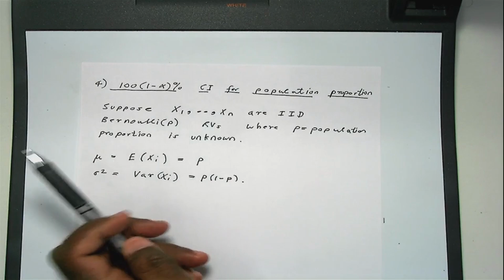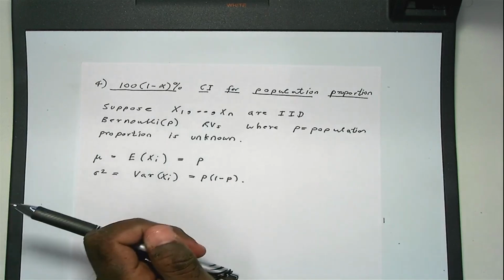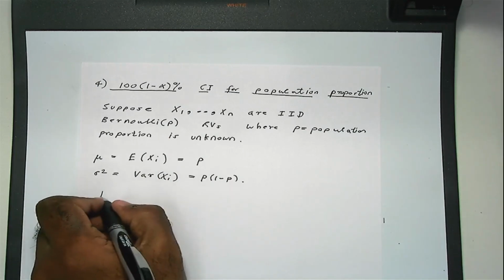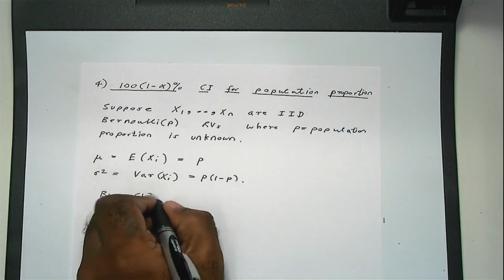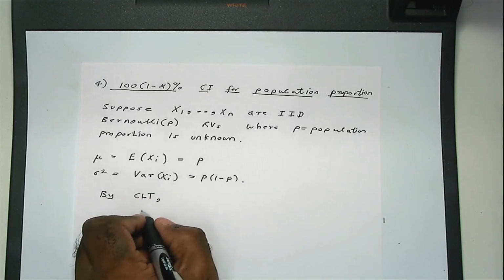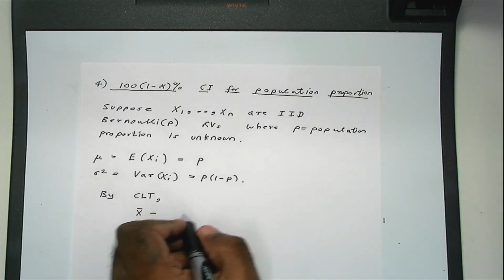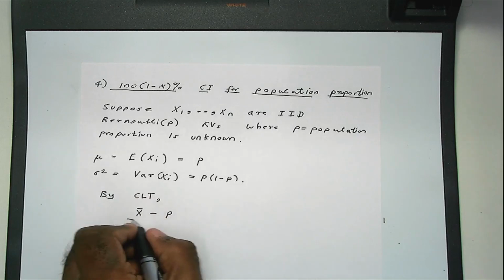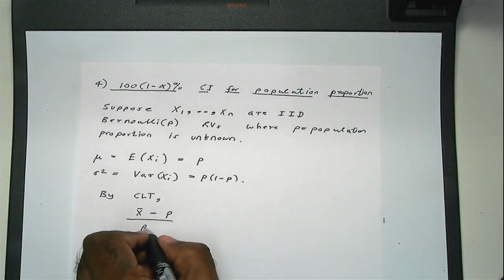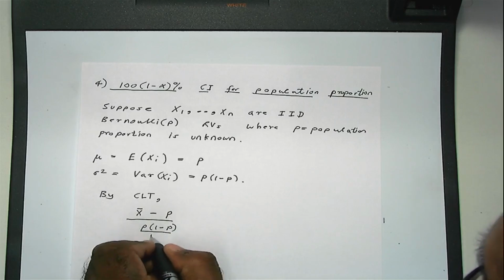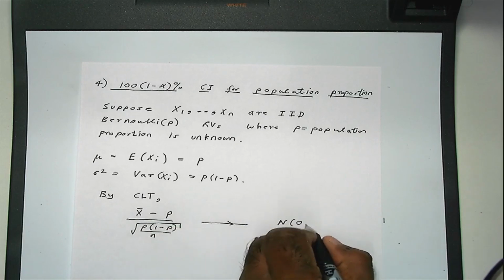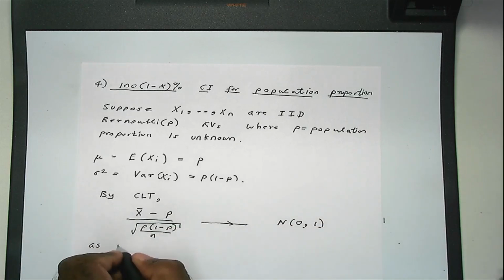And for that I'm going to use the result that we talked about earlier, which is known as the central limit theorem. I did a video on this earlier, you may look at it. The central limit theorem says that x bar, the sample mean, minus mu, which is p, divided by sigma, where sigma is the square root of this, divided by n, approaches the standard normal distribution as n approaches infinity.